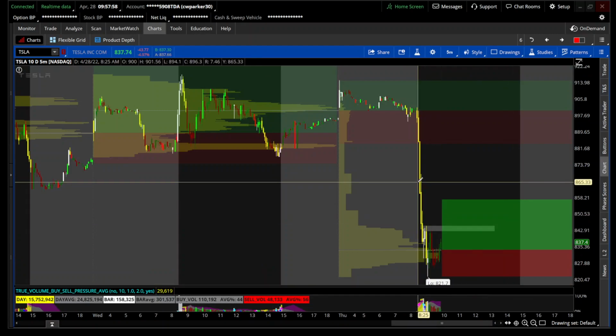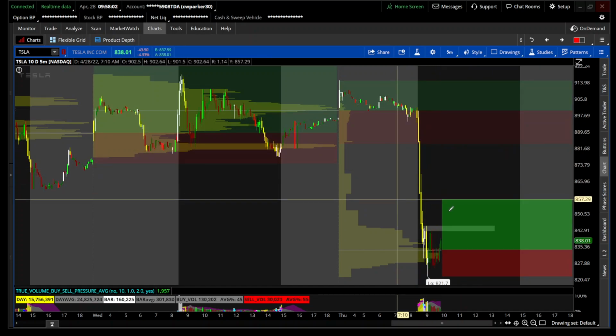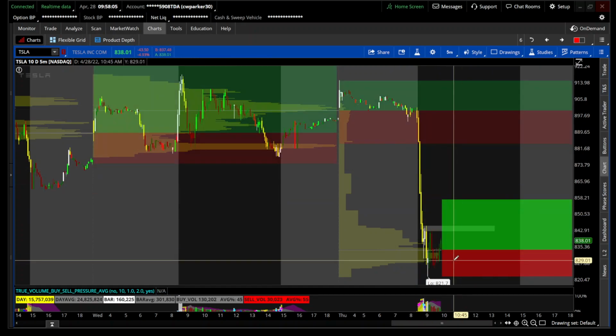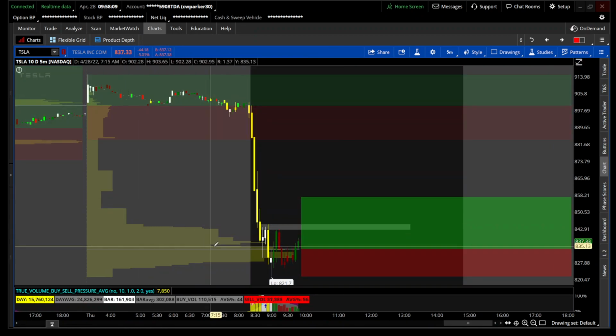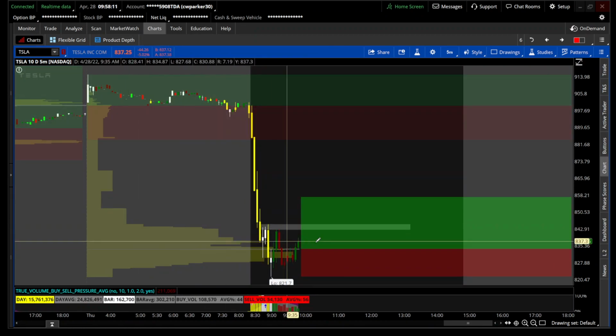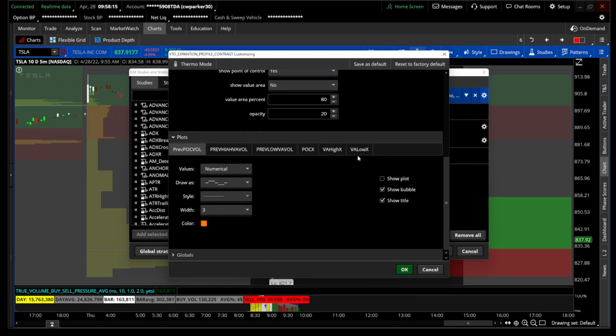And this is what it is out of the box. I changed the colors to a light green and dark red, and a bright green and bright red for the daily. Right now I have all these lines cut off, and this is what you would get: your previous point of control, previous high, previous value area low.